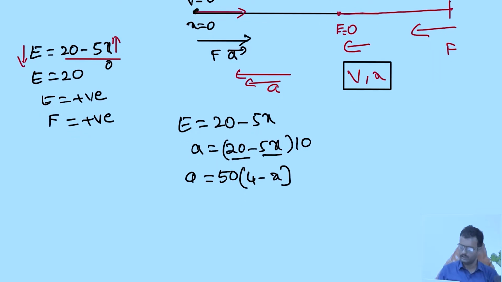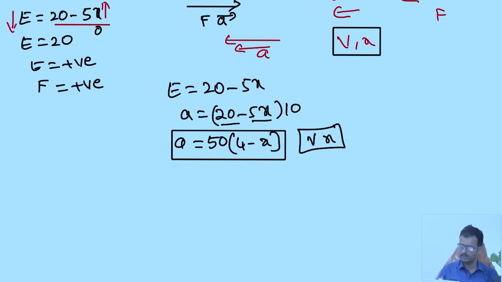So this is the acceleration-displacement relation equation, but I want the V and X relation. We know A is equal to V into dV by dx. So that is 50 into 4 minus x. So bring dx to this side.